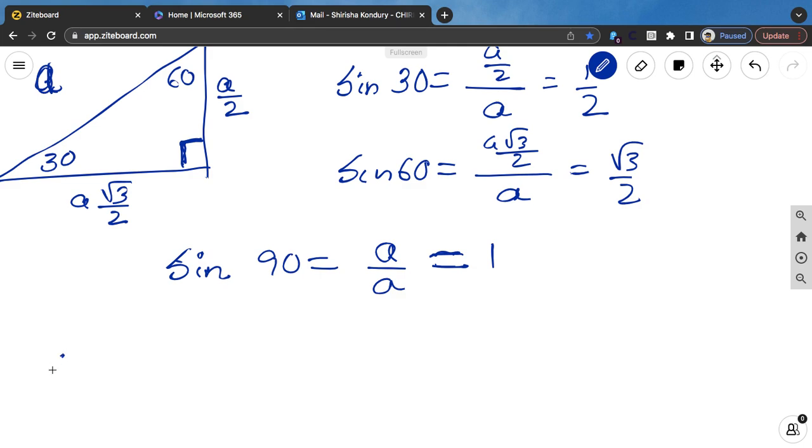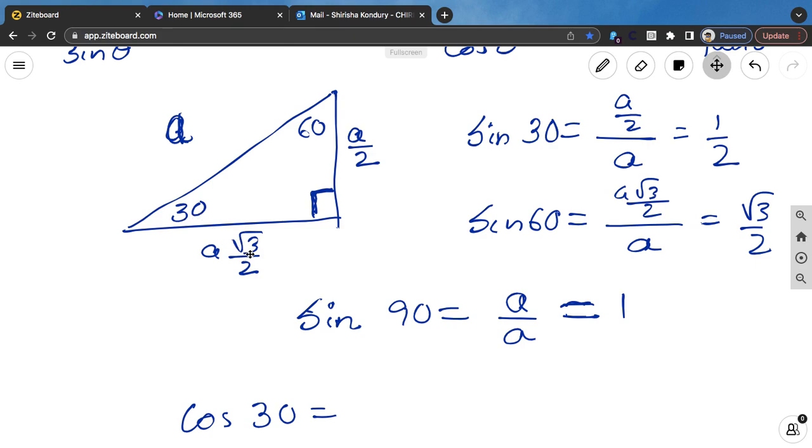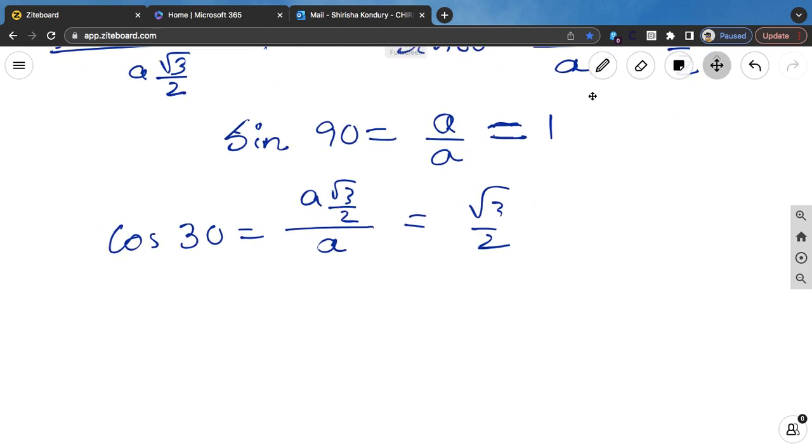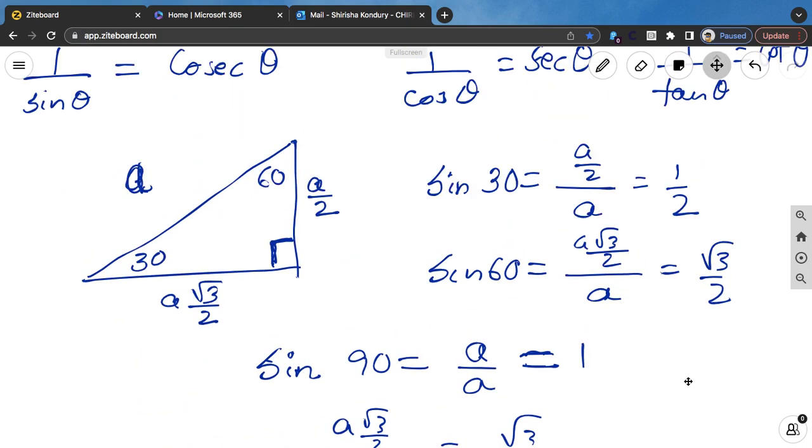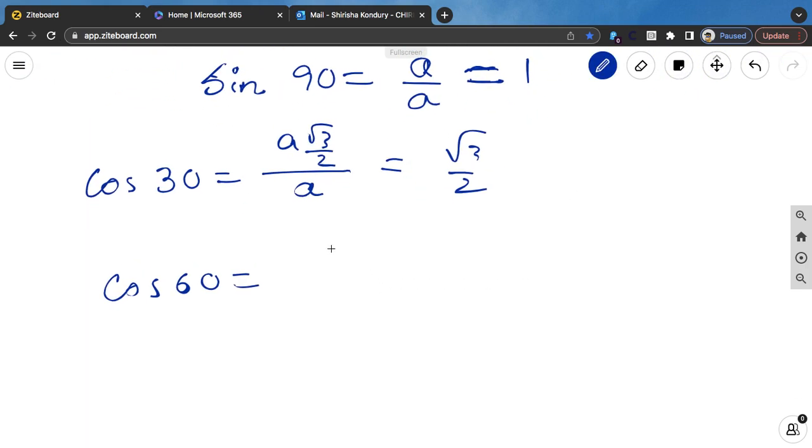Let's define cos. So cos 30 is adjacent side upon hypotenuse. If you look at the adjacent side, it is root 3 by 2 upon hypotenuse, which is root 3 by 2. Cos 60, look at your triangle, adjacent side upon hypotenuse is half.